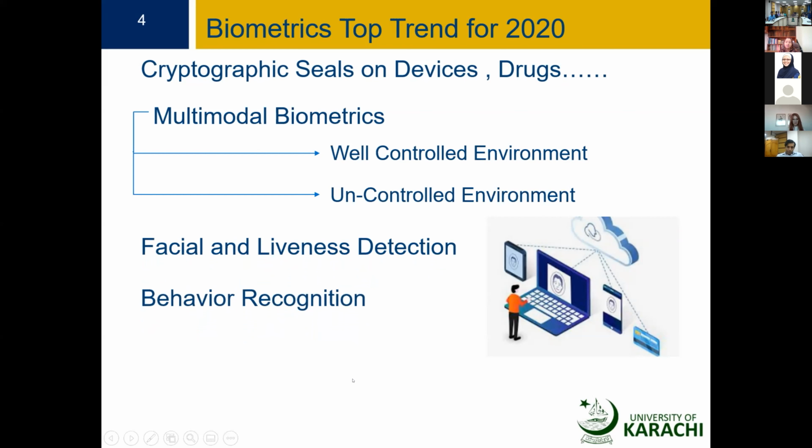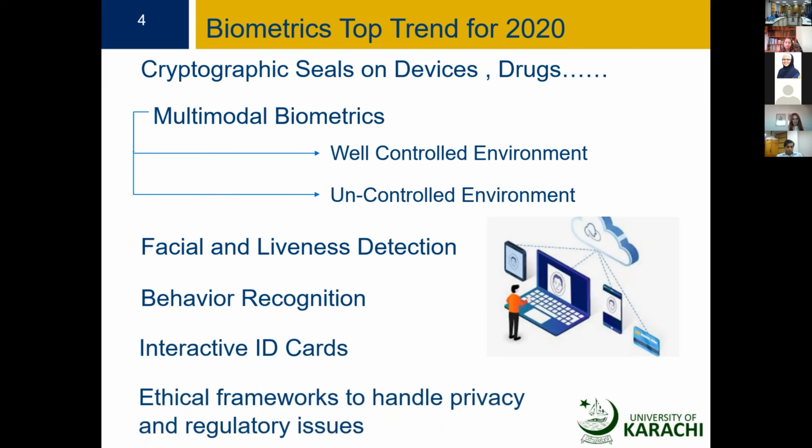And even beyond a photo, the person may wear a mask of another person, so the related area is behavior recognition. And soon we will have interactive ID cards which can interact with the system. But with all this technology improvement, we need strong ethical frameworks to handle privacy and regulatory issues.